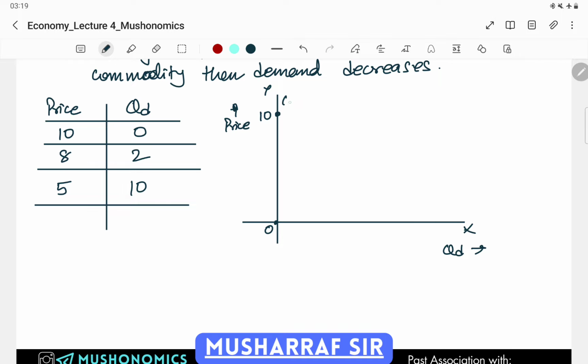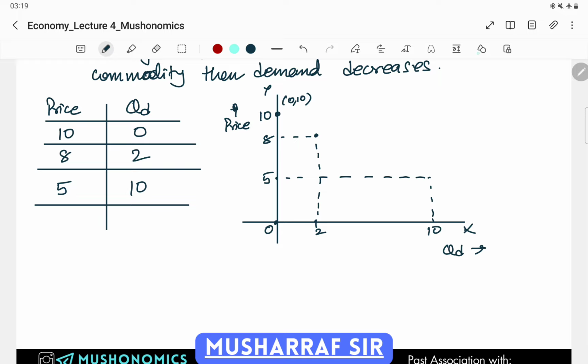So this is our first point, 0, 10. Now if price declines and becomes 8, quantity becomes 2 units. Now when price declines further and becomes 5, the quantity becomes 10.